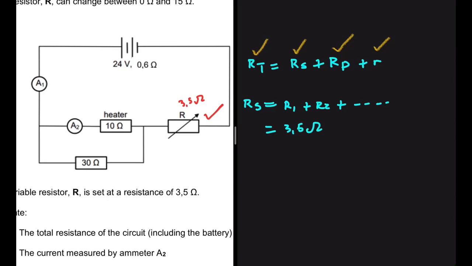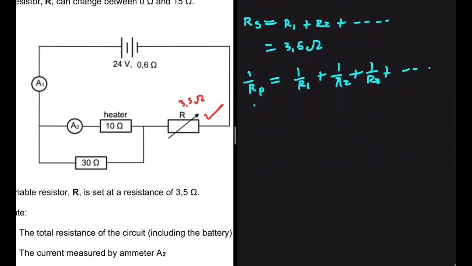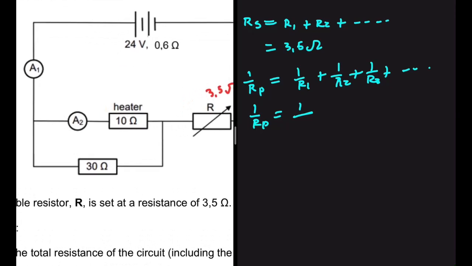And now, let's go ahead and find the resistance in parallel. We're going to have 1 divided by RP being equal to 1 divided by R1 plus 1 divided by R2 plus 1 divided by R3 and so on. The resistors in parallel are this 10 ohm resistor and this 30 ohm resistor.